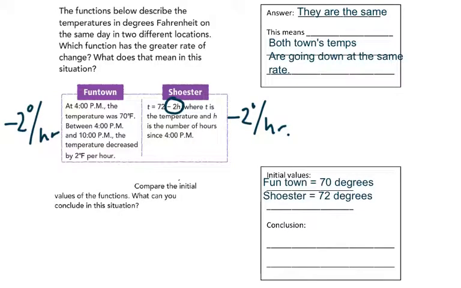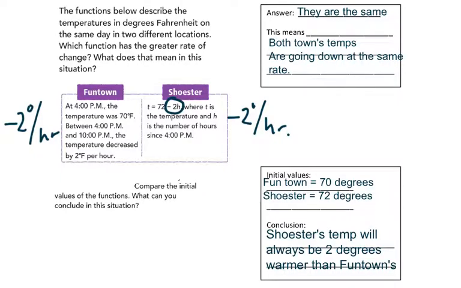So what can we conclude about the situation? So since both towns' temperatures are going down at the same rate, and Schuster starts 2 degrees warmer than Funtown, we can conclude that Schuster's temperature will always be 2 degrees warmer than Funtown's.